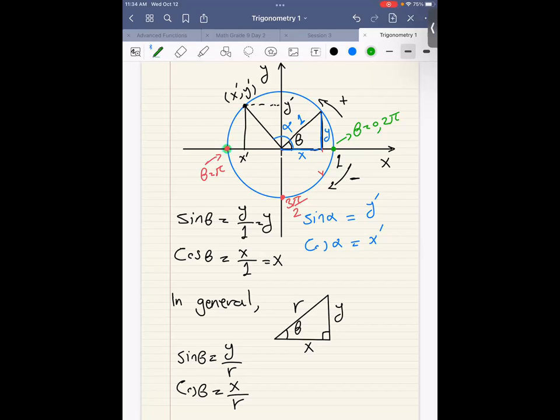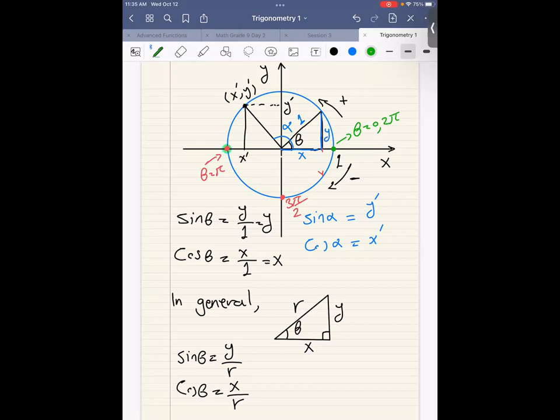What is the x value for this point? It's 1. What about the y value? It's 0. So sine of 0 is 0, but cosine of 0, which is x, is 1. Okay?